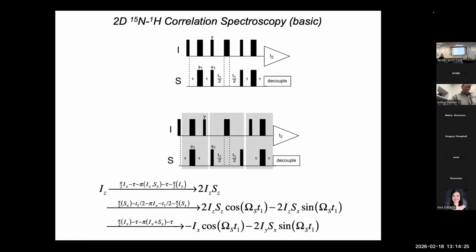So if the chemical shift Hamiltonian was omega sub S SZ, the 180 turns SZ to minus SZ, and we expect to see an echo. So no chemical shift evolution of either spin during this period. And what about the J coupling?